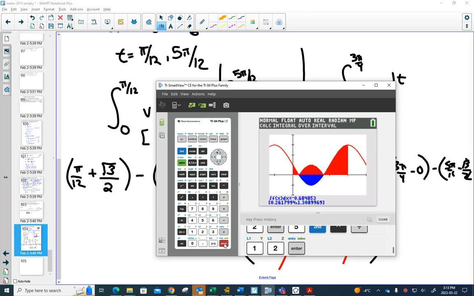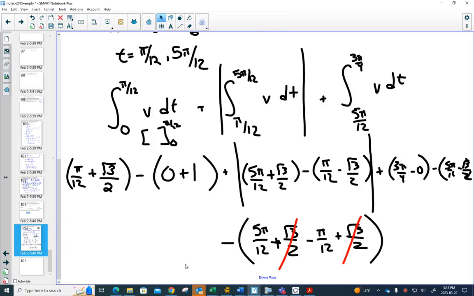So the nice thing is, we did correctly find the pi over 12 and 5 pi over 12. It should come out as a negative 0.684. This section should come out to negative 0.684, where we have our calculation error.